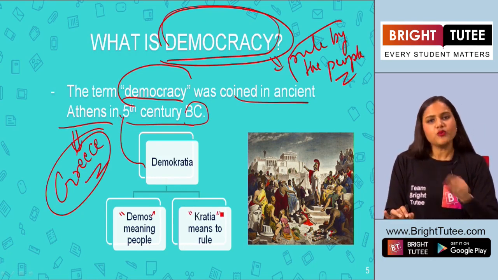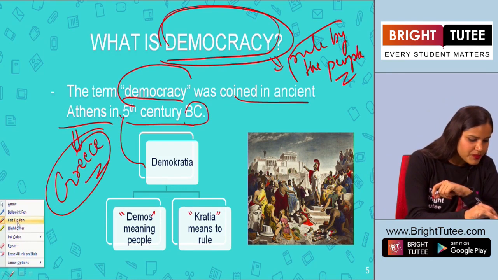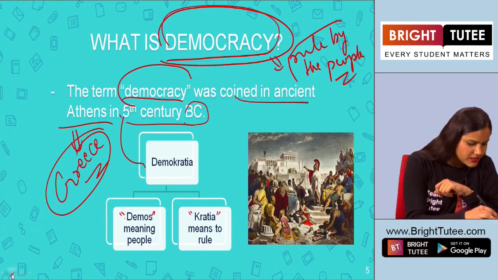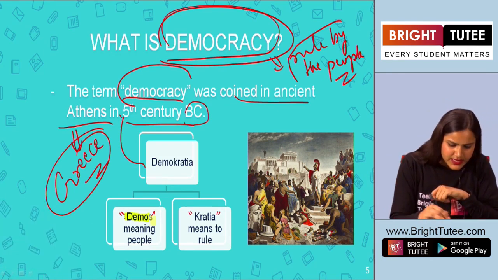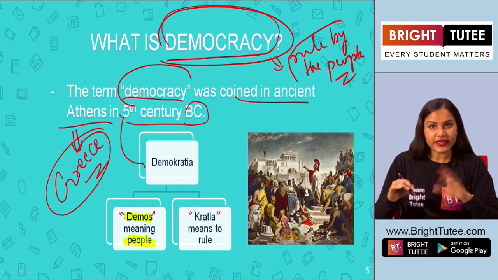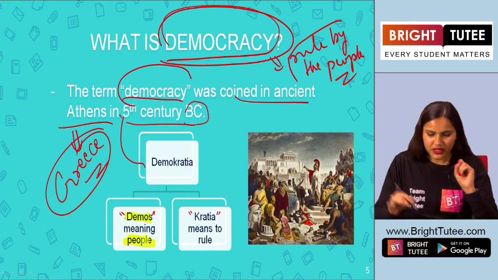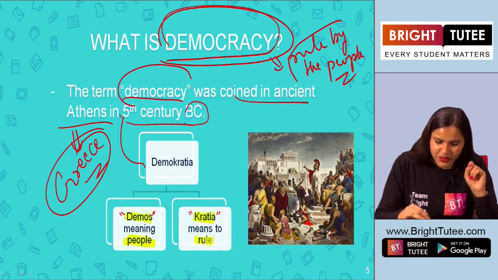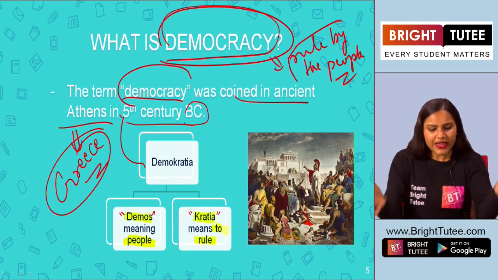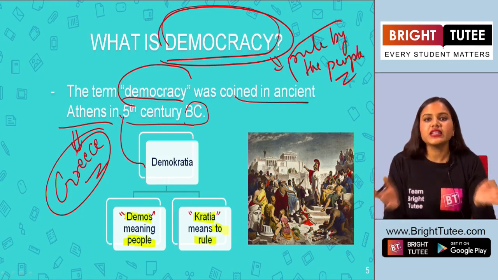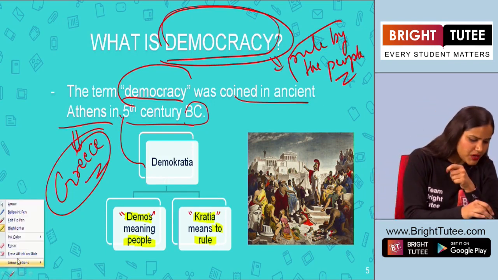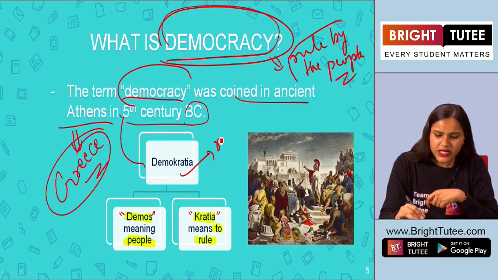Now, what does the term demos mean here? The term demos means people. This is the Greek term and the English meaning is people. The term kratia means to rule.